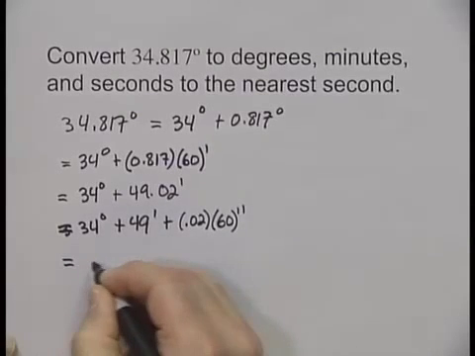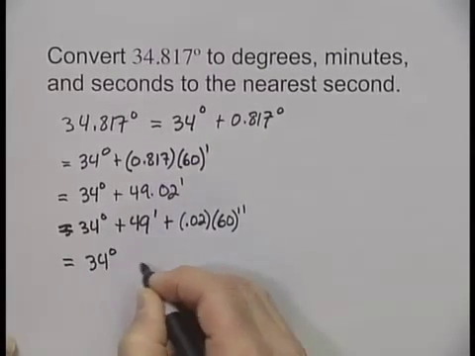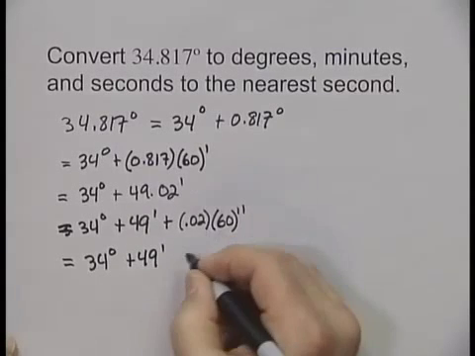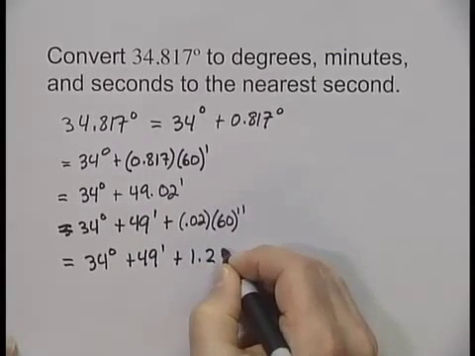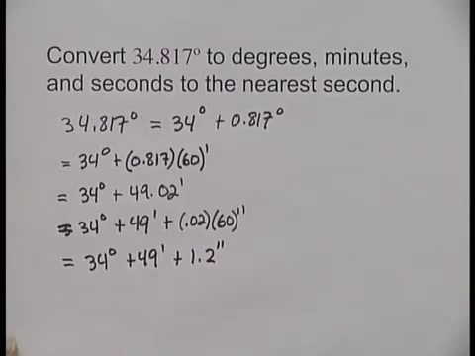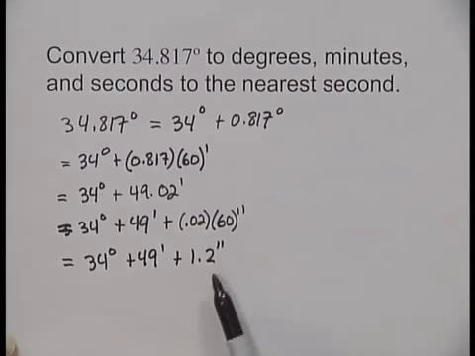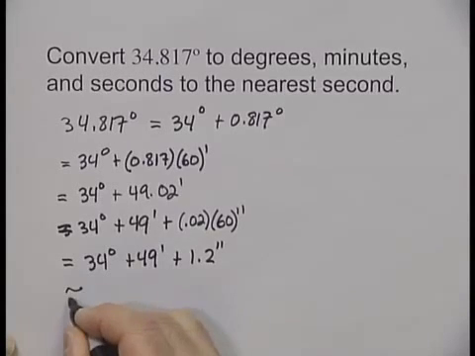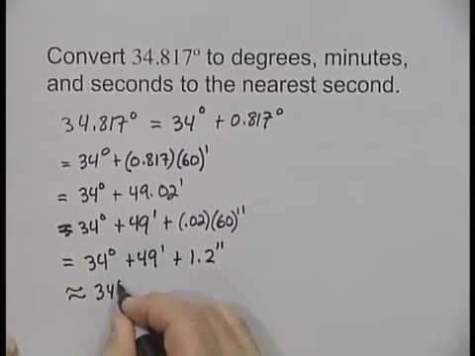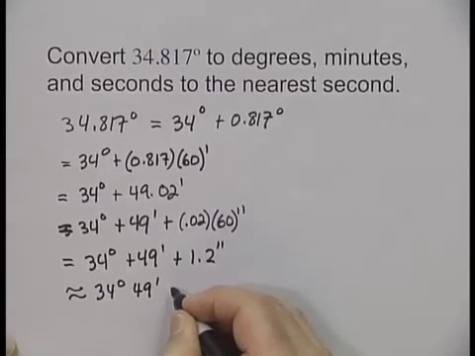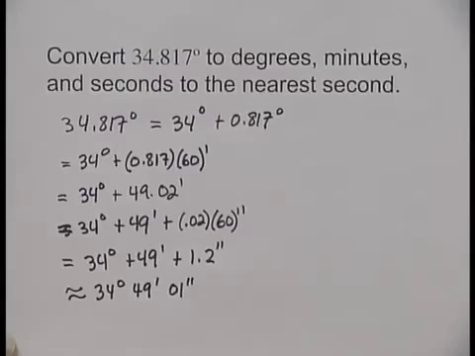So finally, we have 34 degrees plus 49 minutes plus 1.2 seconds. Now remember though, we were to round this to the nearest second, and therefore this is going to be approximately 34 degrees, 49 minutes, 1 second.